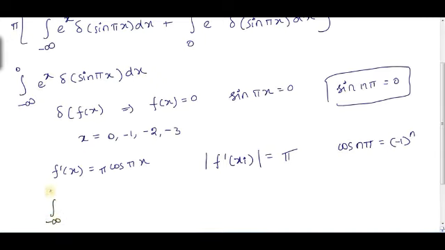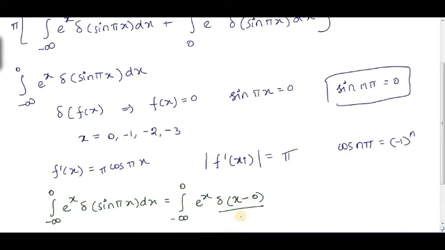The integral from minus infinite to 0 of e power x del of sine pi x dx is equal to, I am going to write only a few terms, the integral of e power x del of x minus 0 divided by, this is actually the formula, del of x minus x naught divided by modulus of f dash of x naught.